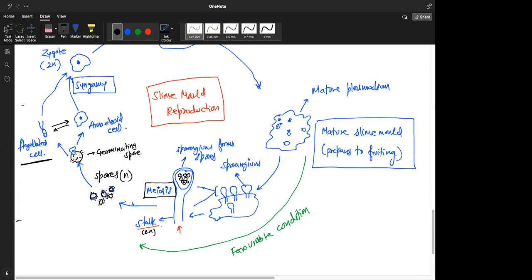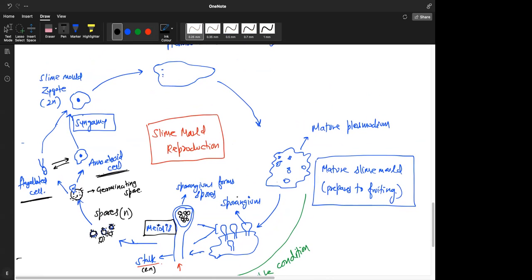So either it can be flagellated or amoeboid. And then the other part, this is the spore formation part. The other part is the reproductive part. Some molds also do one thing.